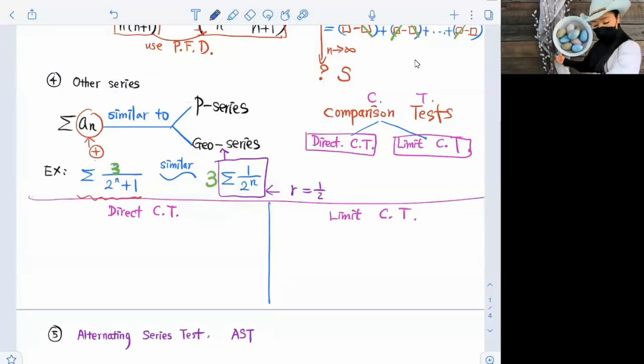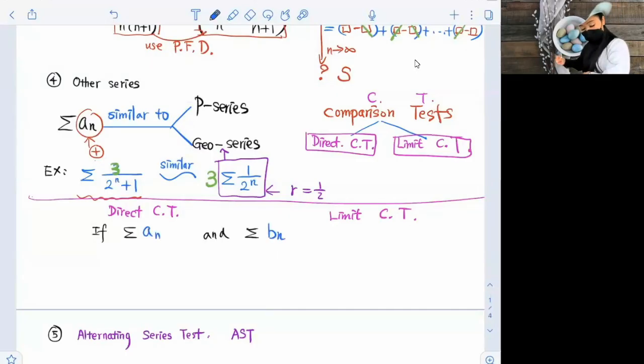How does it work? First of all, both of them, to use the comparison test, what's the requirement on the terms first? Can the terms be negative? No, they have to be positive terms, right?